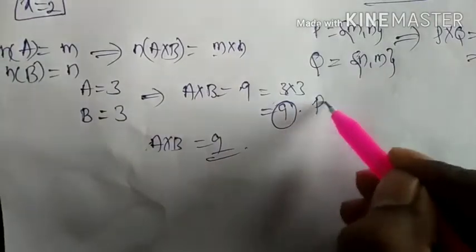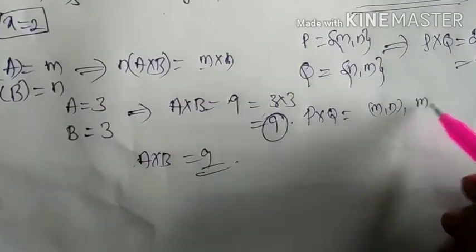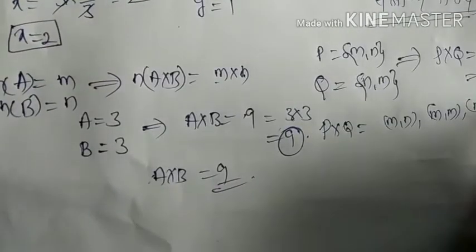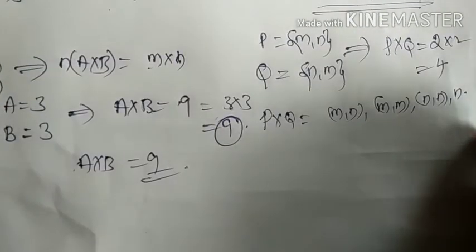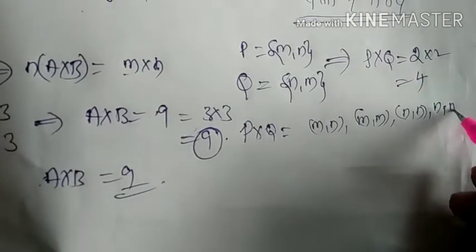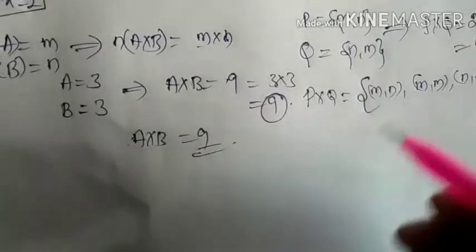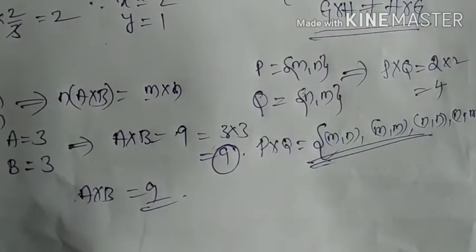P cross Q = {(m, n), (m, m), (n, n), (n, m)}. So this is the set P cross Q. This is the correct statement for the given statement in the fourth problem, first one. Now let's see the second statement.